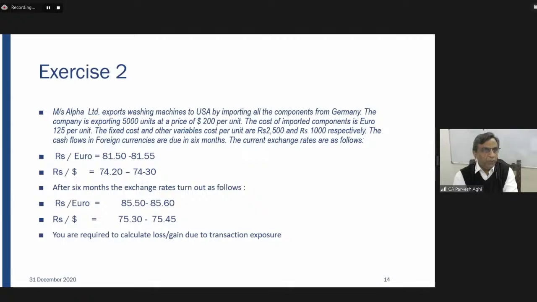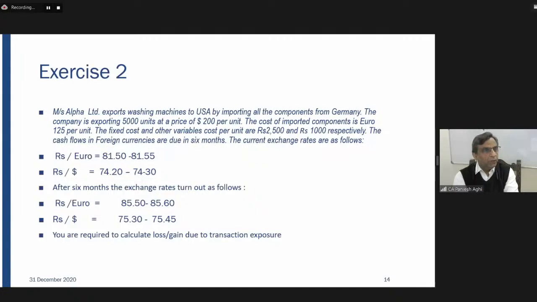While you're doing your question, again, basically you have to use the bid rate for your exports and ask rates for your imports. Why bid rate?